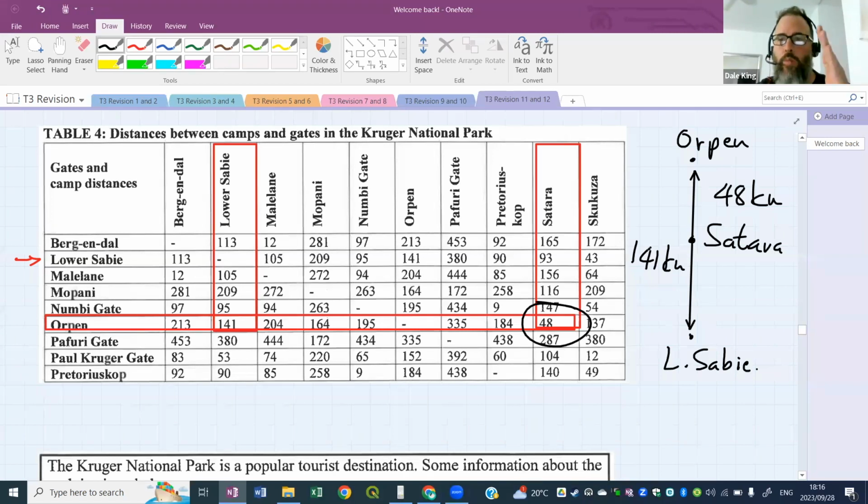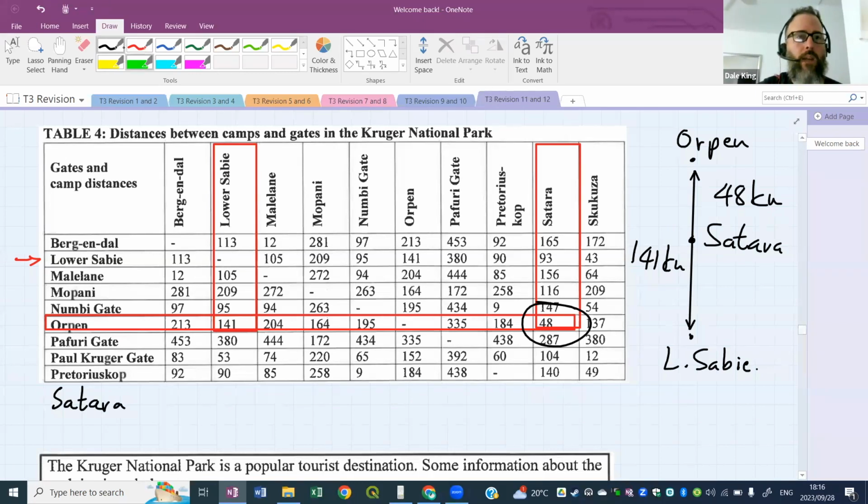So you can go from Orpin to Satara, but you can also go from Orpin to Lower Sabi. We can confirm this, I think, if we look at our map, unless I don't think they have it on the whole map. You see, if we had Satara on the left-hand side here, we could confirm it because from Satara to Lower Sabi, that would confirm it.